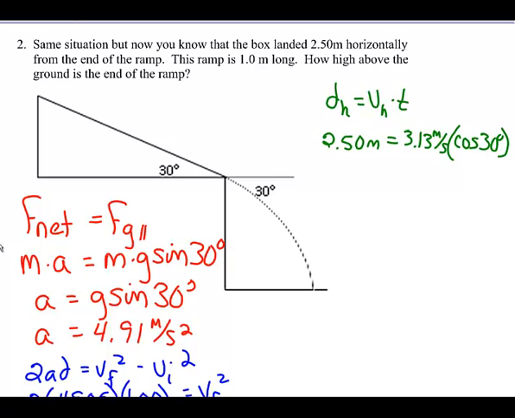Since I need the horizontal component of that initial velocity, I'm going to take 3.13 meters per second times the cosine of the angle, then times time. Time is the only one I don't know. Time is 0.922 seconds. That's the time our projectile is in the air.